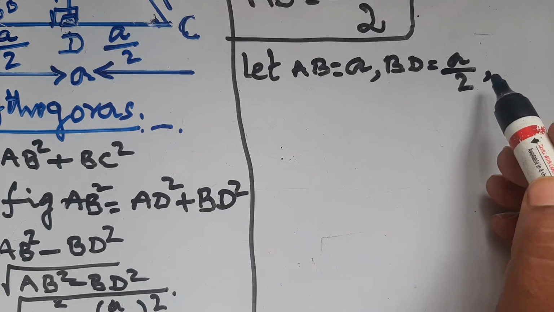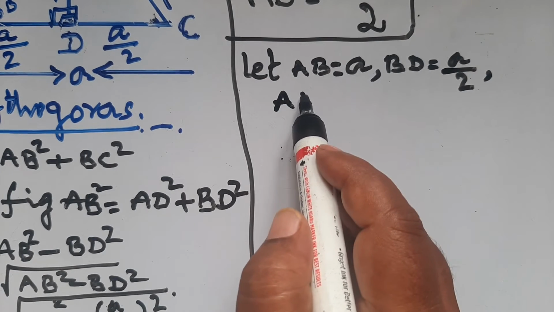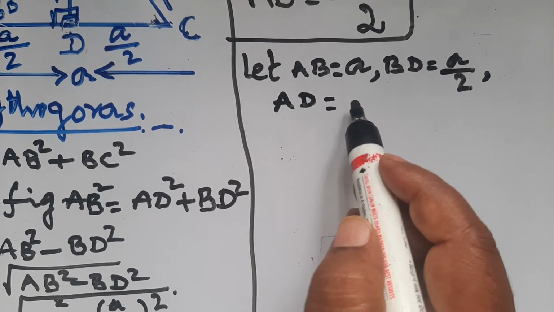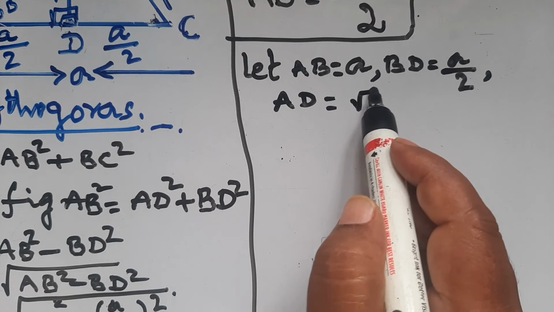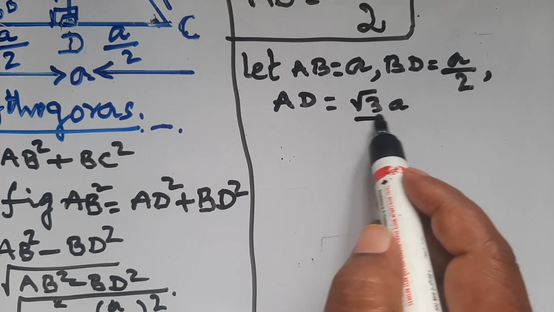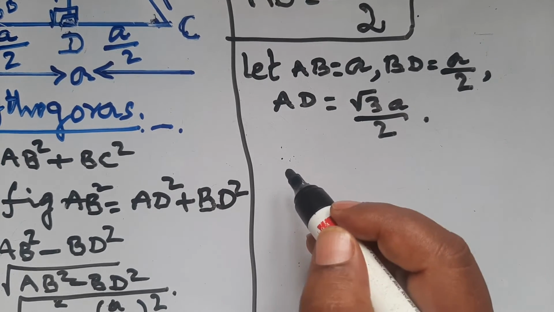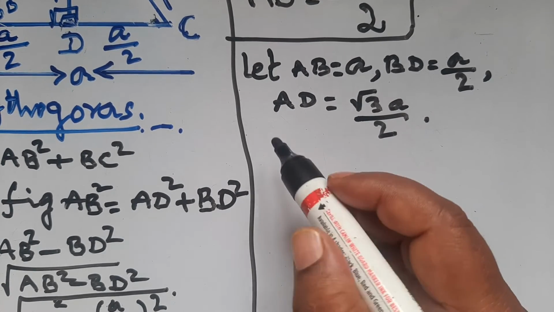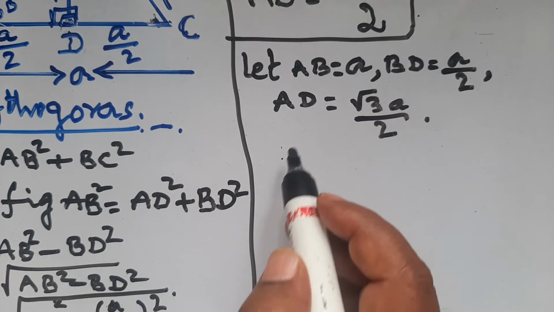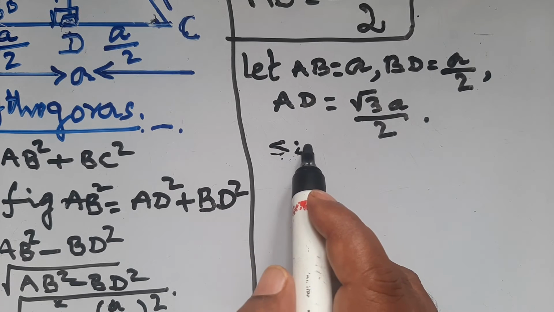Next, what is coming? AD is coming root 3a by 2. So, this is there from the right angle triangle. So, according to this, we want to find the sin theta ratio.